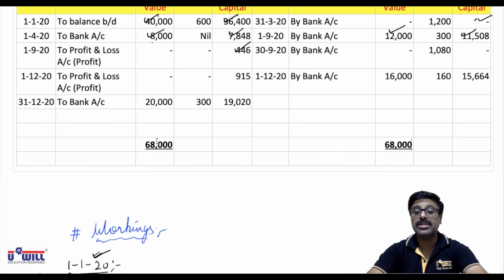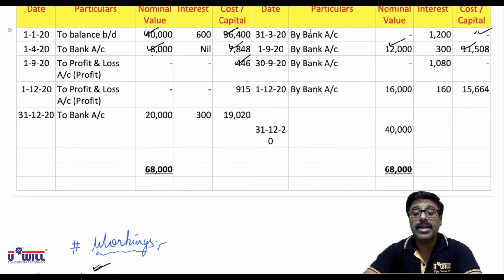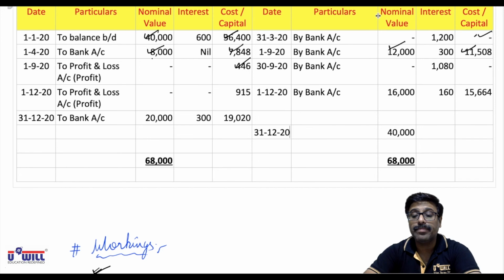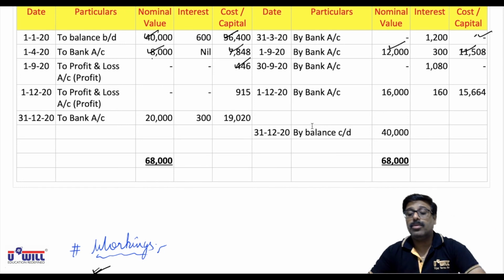Balance is 40,000. So all of you write down 40,000. 31st December 2020, the date of closing balance is 31st December 2020. By balance carried down. Now this is the first step.